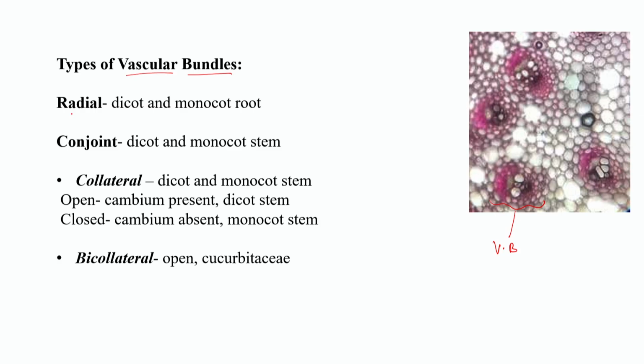Coming to the first type, how these vascular tissues are arranged. When we say it is the radial arrangement of a vascular bundle, it is found in dicot and monocot root. When we call it radial, that means vascular bundles are present in different patches of xylem and phloem.